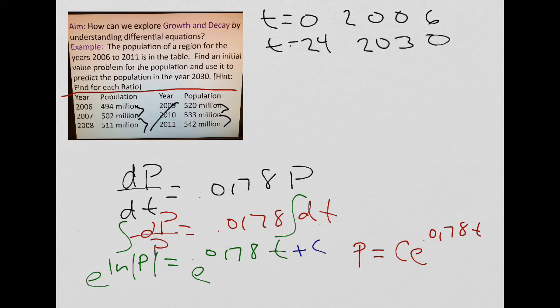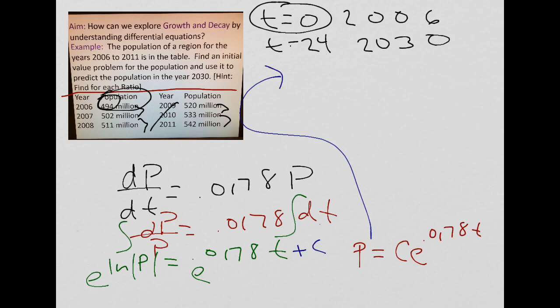But we're going to use 0 and 494, or 494 million. Either one is fine. I'm just using the 494 to make it easier for this problem.